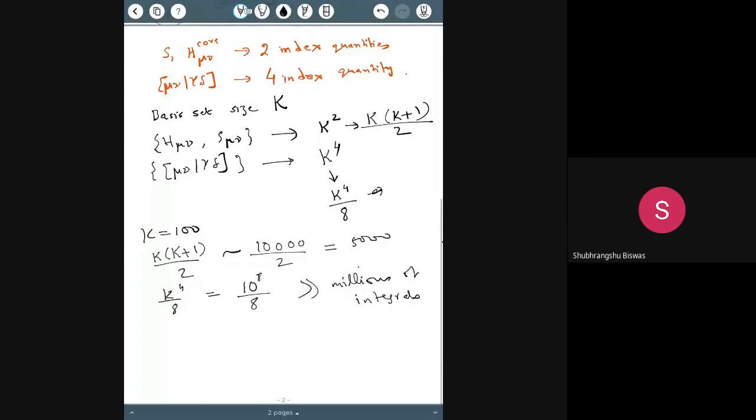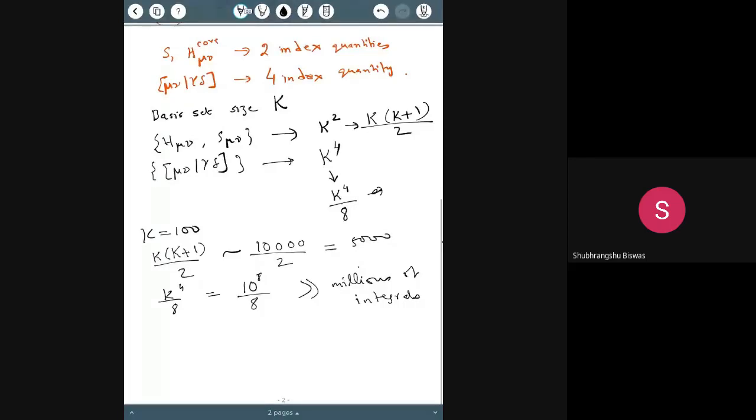Even after this, there are some more symmetries that you can exploit. Here we have used the index symmetry of the Mulliken integral to reduce it from k to the power 4 to k to the power 4 by 8. If your molecule has some symmetries, like point group symmetries, then you can do away with some more integrals and reduce this number further.